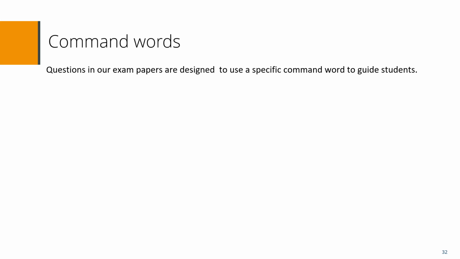The list of command words is listed as an appendix in the specification, which you can download from the Pearson website in the section about international advanced level chemistry. One of the things I always used to do with my students was to get them to download that appendix for themselves and to print it off and put it in the front of their folders.